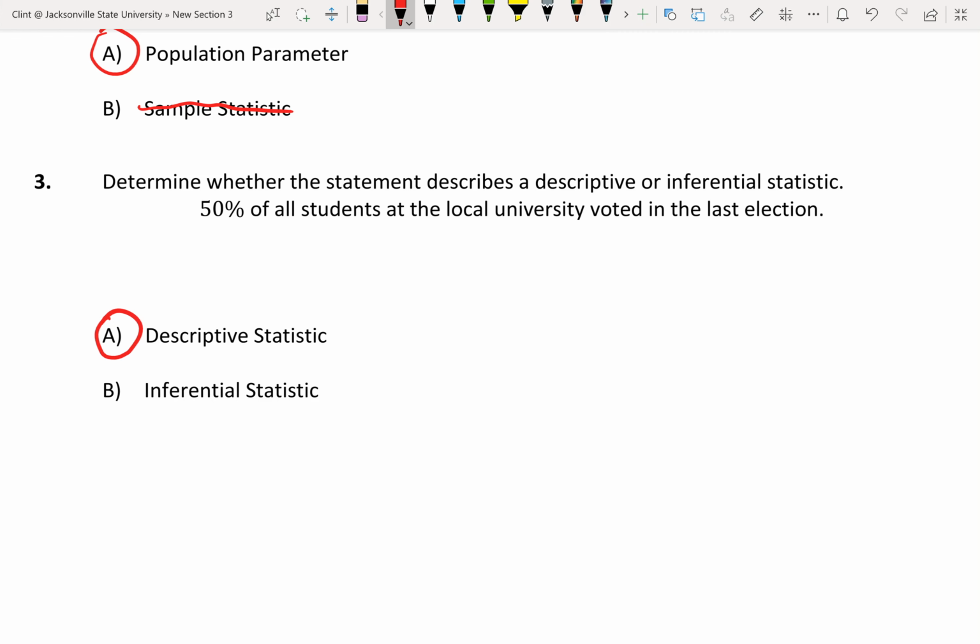So it would have to say something like a sample of 20 students at the local university was taken, and 50% of those in the sample voted in the last election, therefore 50% of all students voted in the last election. You have to make some type of inference about the whole population based off sample data. We don't have that on this one, so we're just describing our data set. So it's a descriptive statistic.